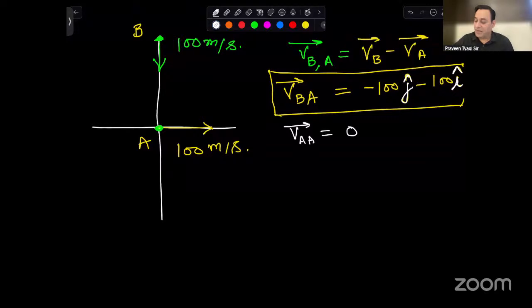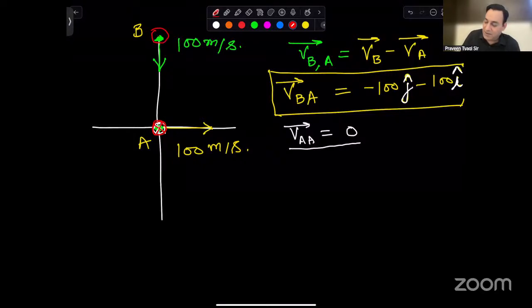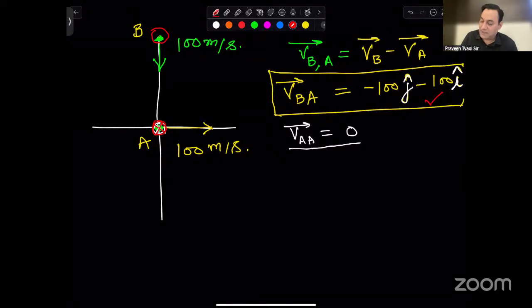Anyways, coming back to what I wanted to show you. A will find that velocity of A as observed by A will be zero. So A will feel I am fixed here, I'm not moving at all. So A is going to feel in his brain that he's not moving at all. How will he find B to be moving? B will be having these two components in its velocity.